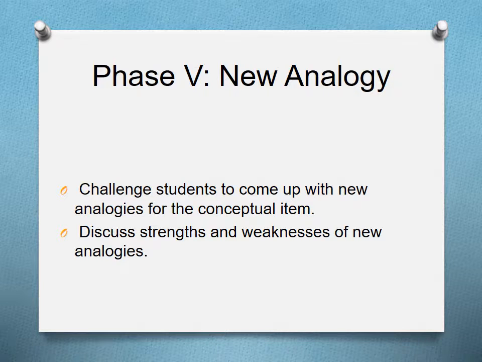Phase 5, new analogy. Students will work in groups to come up with a new analogy for the conceptual item of the soil horizons. And then we could discuss the strengths and weaknesses of the new analogies. This would be fairly challenging the first time, I think, but once they've done it, it would become easier and be interesting to see what they come up with.